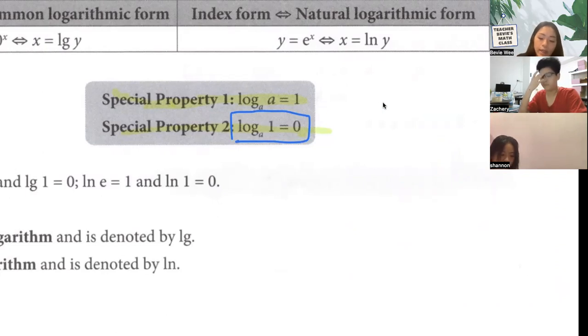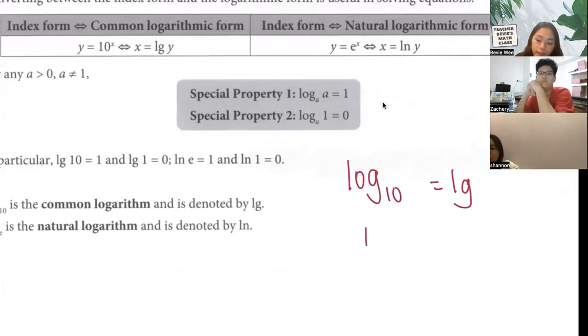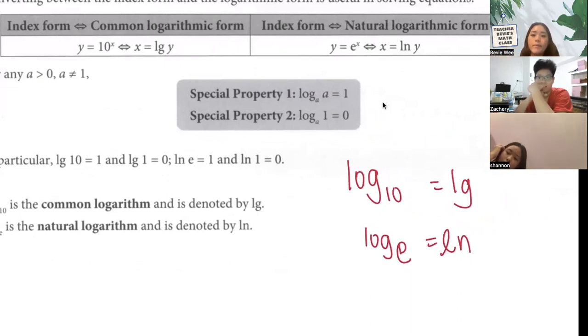Another thing is log base 10, which is rewritten as lg. Log base e is written as ln, pronounced 'lon'.